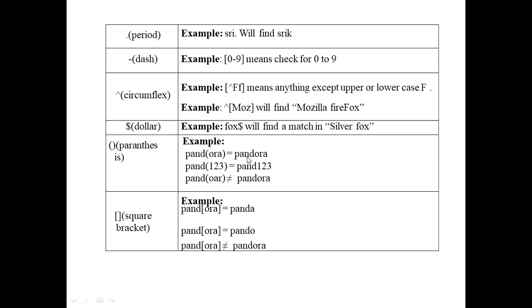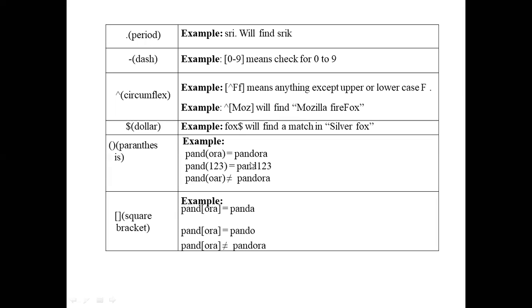That means here we check whether ORA is in Pandora or not, and whether 123 is in pond123 or not. We are searching the string pond followed by 123, so pond123 matches. Next, pond followed by OAR does not match Pandora. Parenthesis is used to group parts of our search expression.